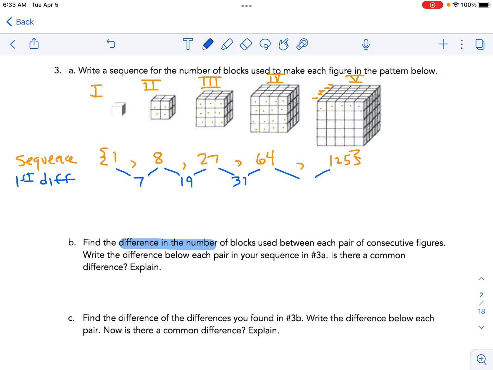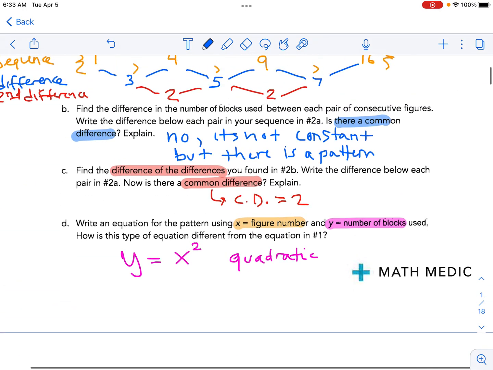And this is 61, it looks like. Okay. So that first difference is not the same. So is there a common difference? And the answer here is no, it's not constant. So let's keep following what we've done before.